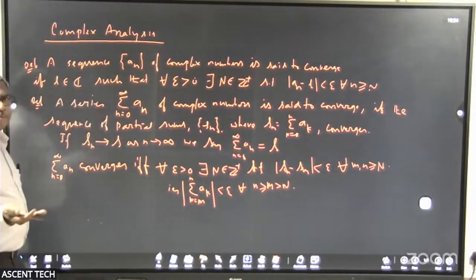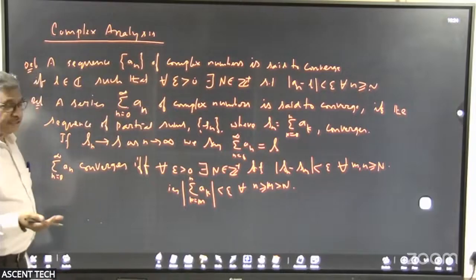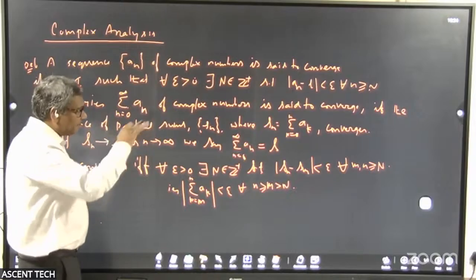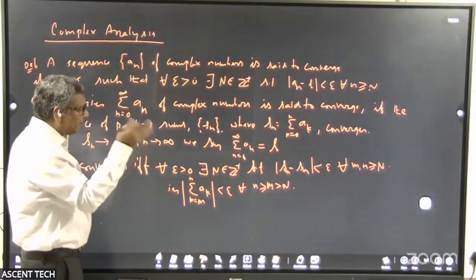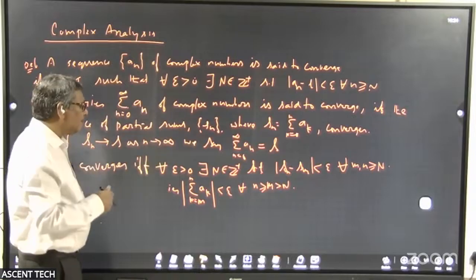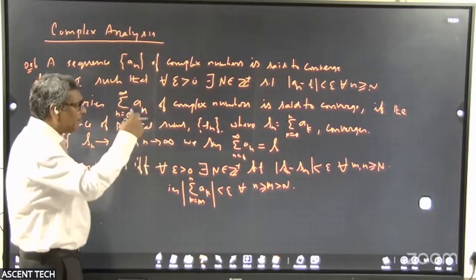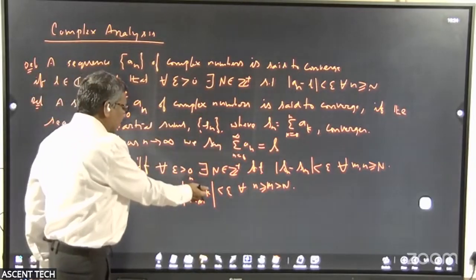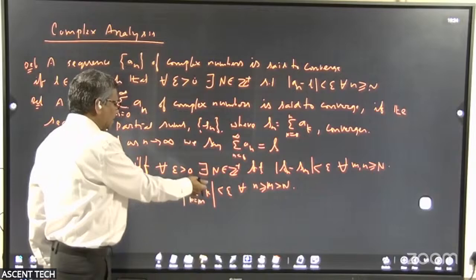This is not too much. I just said what I mean by a series converges. A series converges provided its partial sums converge, which is equal to saying that if I look at the series at a certain stage and then go on for a little distance, I don't get too much; I get something small.